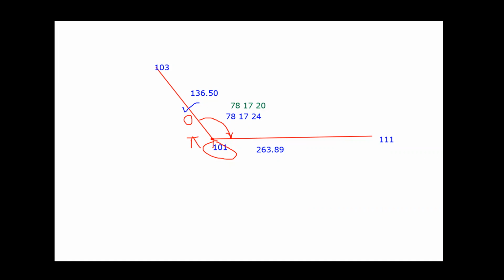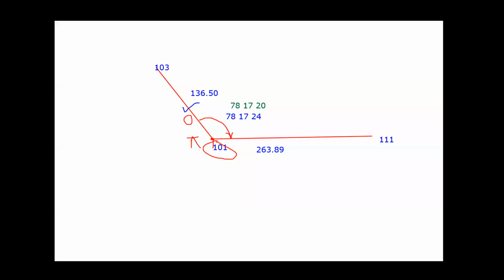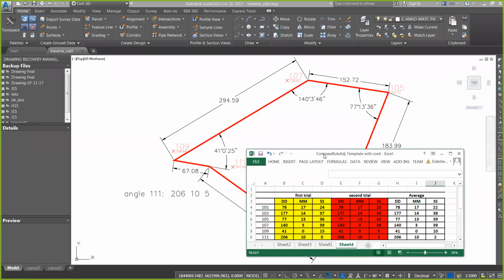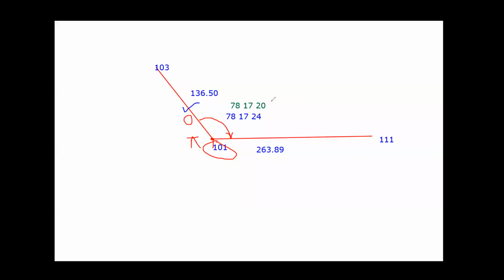Somehow it doesn't show both the whiteboard and the measurements. But these are my measurements at 101. You see the 24 seconds and the 20 seconds. I just averaged these two. So these are the measurements here.